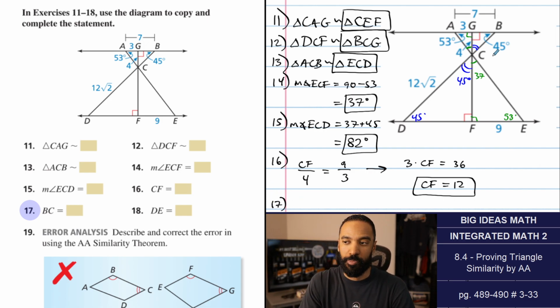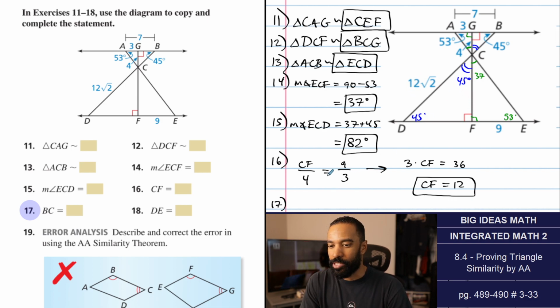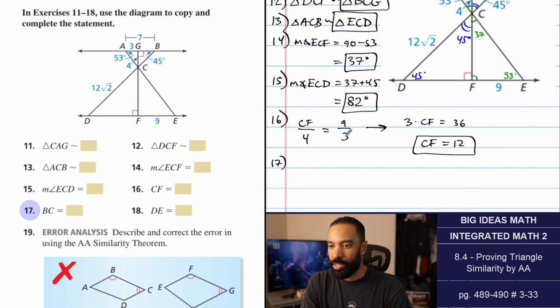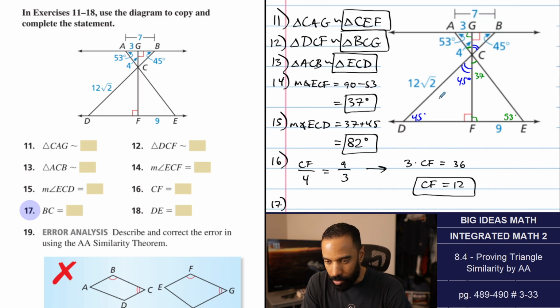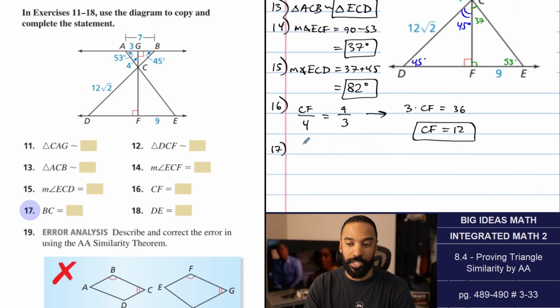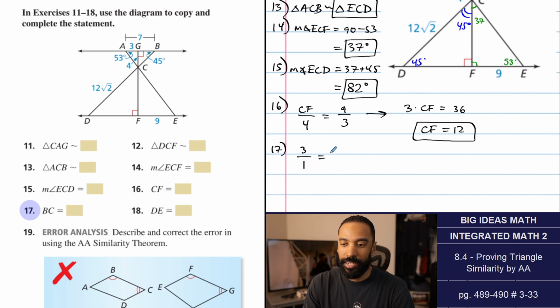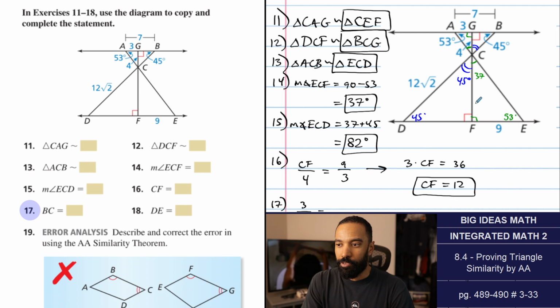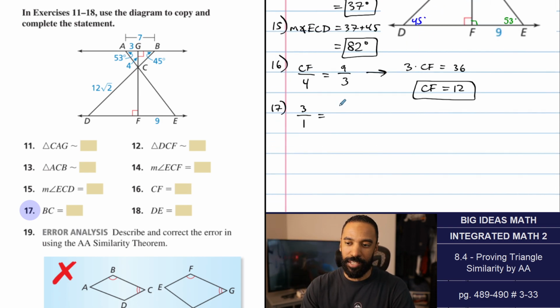However, I could have used the Pythagorean theorem and found it a different way. So let's go, once again, to corresponding parts here. We know that 9 to 3 is also 3 over 1. That's the similarity ratio from the big triangle to the small triangle. 3 is to 1 for big to small, as 12 root 2 is to the length of BC.